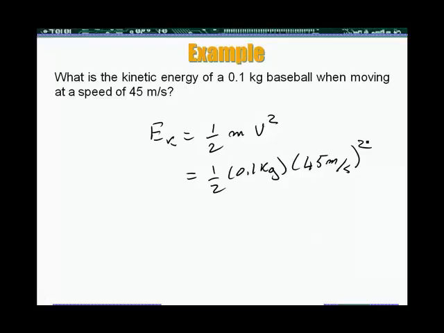Now, when I calculate that, 45 squared is 2025, times 0.1 divided by 2. So that's equal to 101 joules.